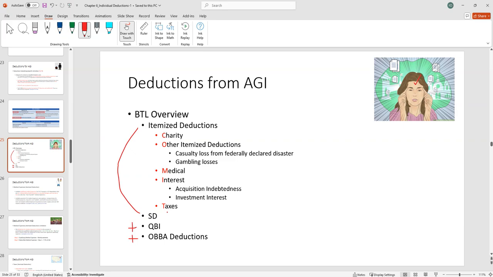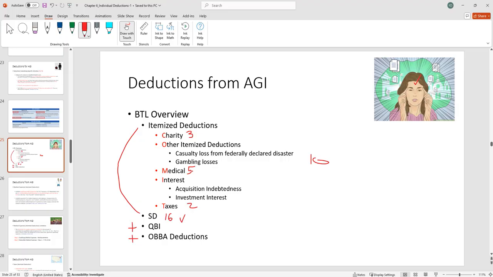You basically add all of these up. Let's say the standard deduction was roughly, and again it's inflation adjusted, 16. You had 3 in charity, 5 in medical, and 2 in taxes. You're looking at 10 in itemized. In that case, you would take the standard deduction. You could flip it, though, where if the itemized deductions were bigger, you would then itemize.